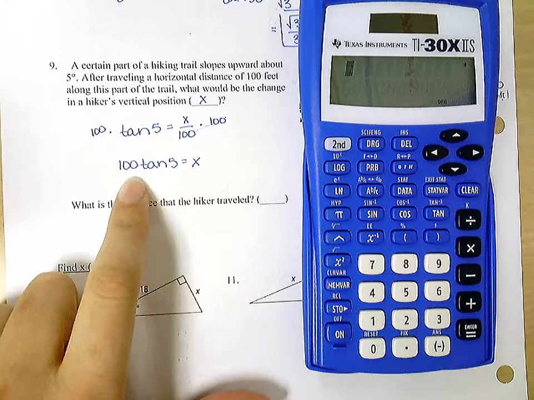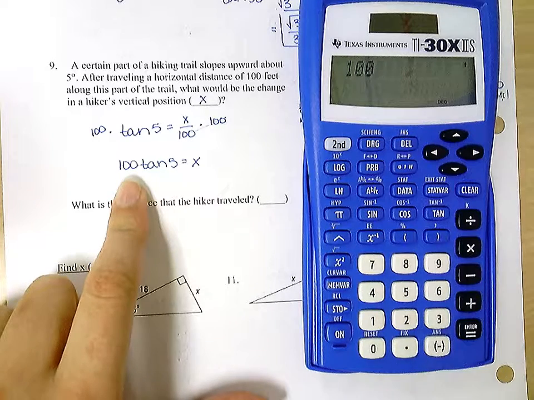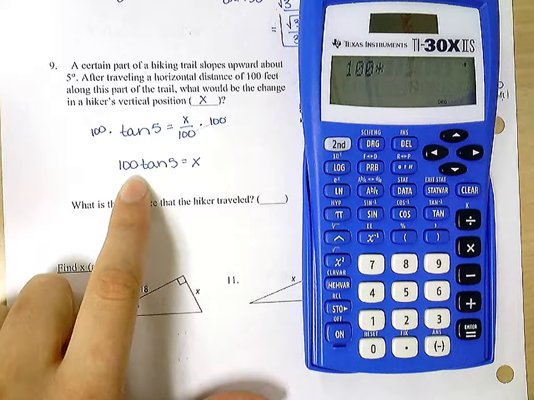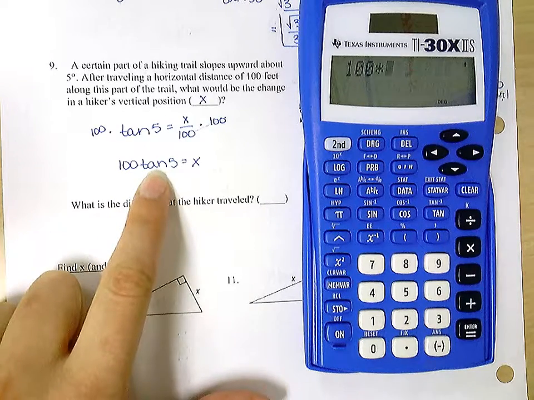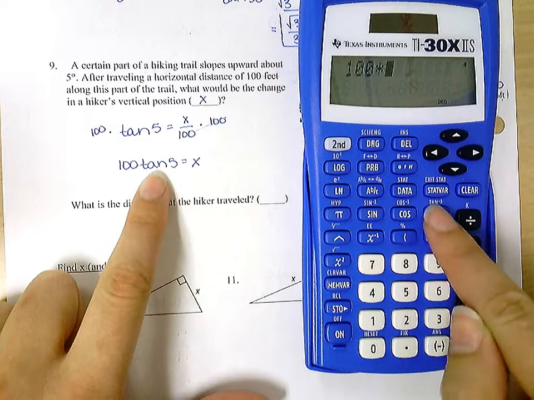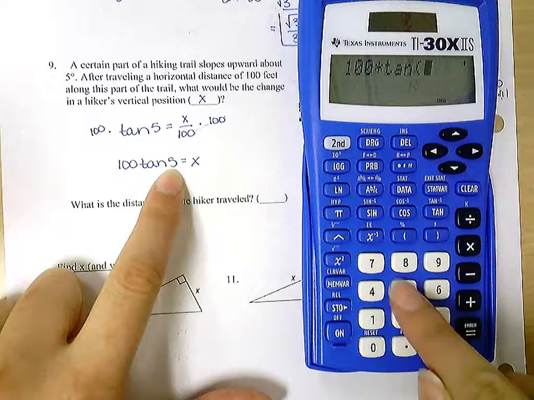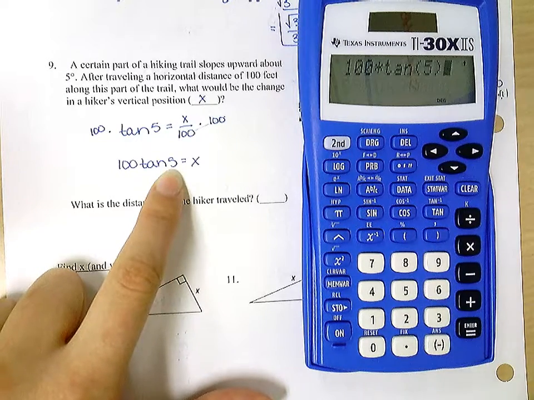So on this type of calculator, to enter this, all you're going to do is press 100 times. We need a tangent. Your tangent button is TAN right there. Press the tangent button. It should pop up. Plug in 5 and your parenthesis.